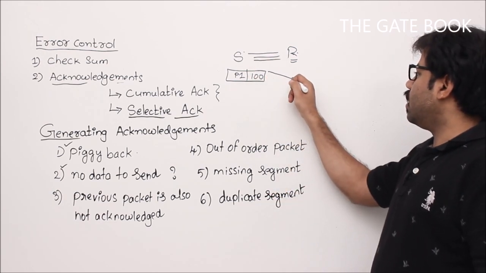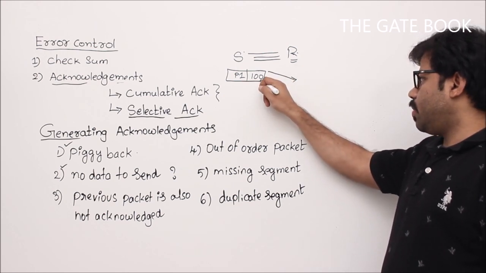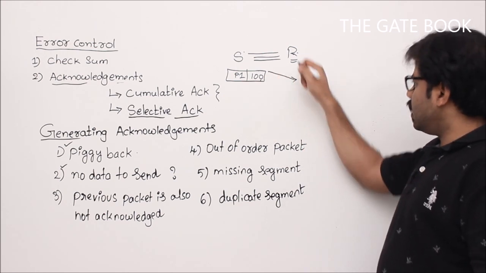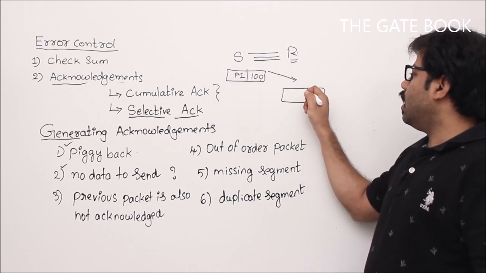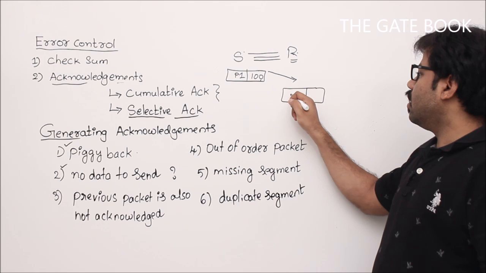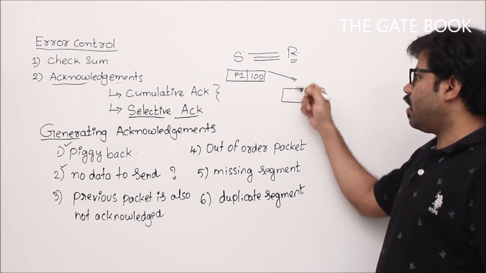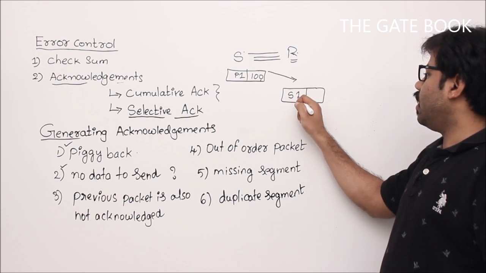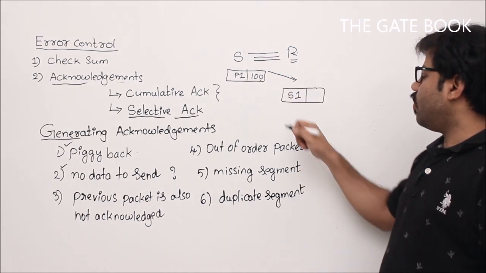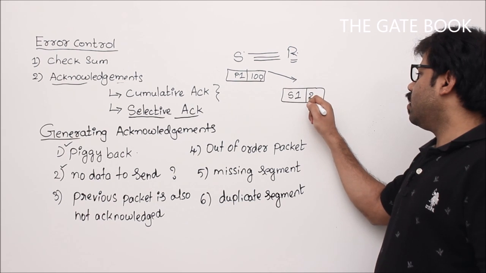Whenever it is received, and the receiver is also expecting the same packet, and the receiver has data, he is going to send his packets. Let's say we use separate information, we say S1 is R's packet, and what is the sequence number we are going to send? 200.